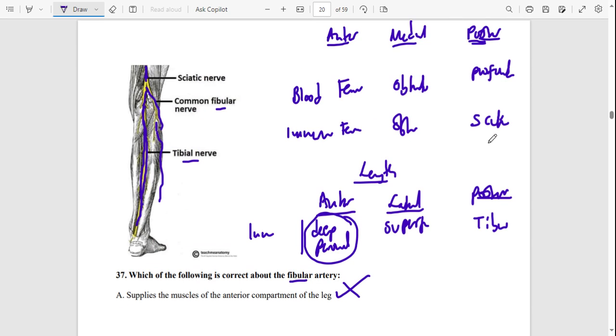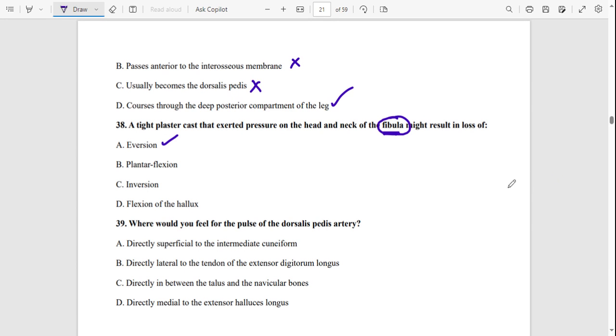Look at this. We have said that fibula is this side laterally, and laterally we can turn the foot like this, and that is known as eversion. Actually, eversion is not turning it like that, but turning this part which is lateral a bit upwards, right? That is eversion. So that is going to be, because the problem with inversion is not by the fibula but by the tibia.